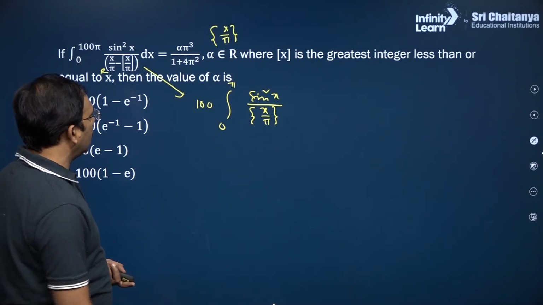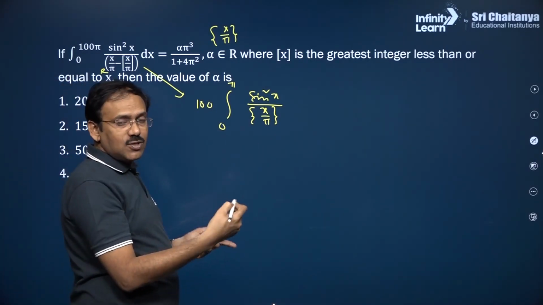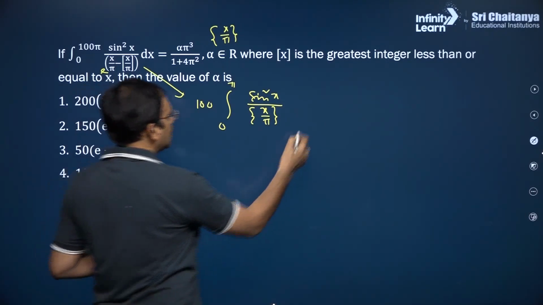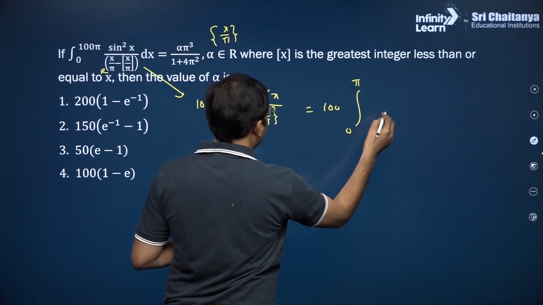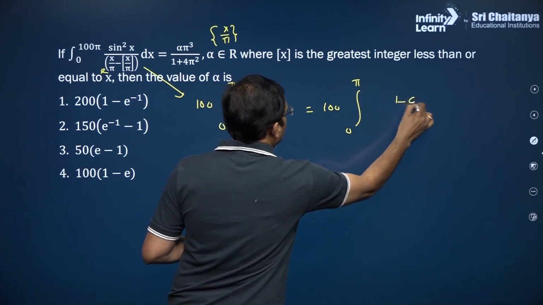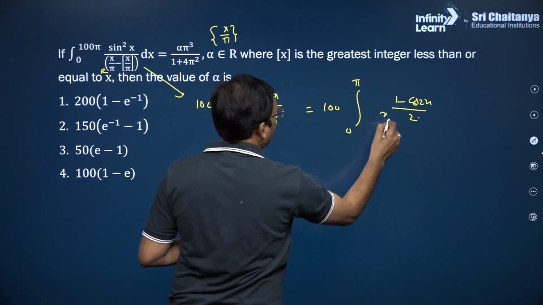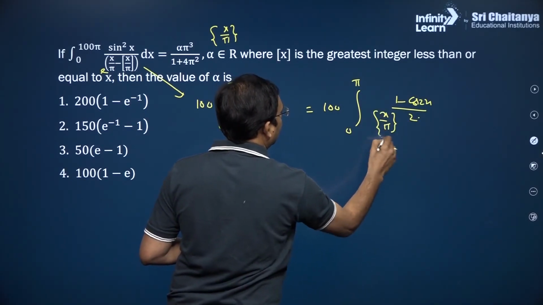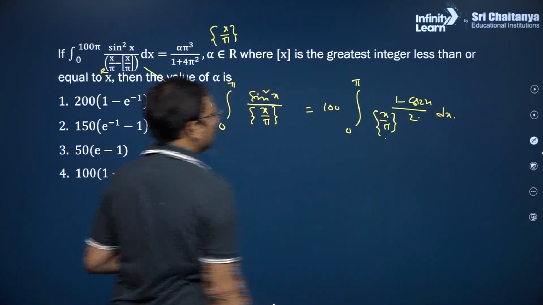The integral is from 0 to pi, and x by pi lies between 0 and 1 only, so the fractional part is x by pi itself. So 100 times the integral from 0 to pi of (1 minus cos 2x) by 2 into the fractional part, which is x by pi itself, my dear friends, dx.